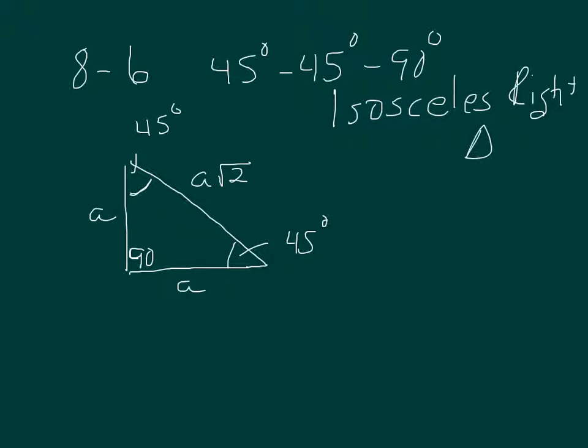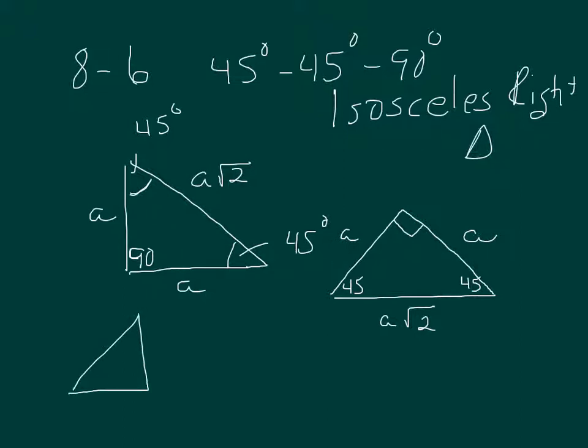Does it matter how we draw the right triangle? If this is my right angle and this is an isosceles right triangle, that means this is 45 and this is 45, then we have the sides A, A, and A square roots of 2. So if I have triangle DEF, and if you see that these are both marked congruent, you know you have a 45, 45, 90 degree triangle.